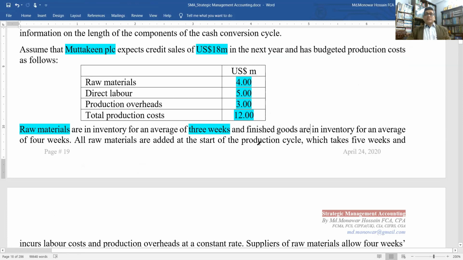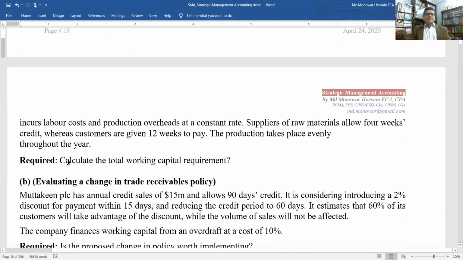Finished goods are held as inventory for an average of 4 weeks. It's also part of working capital. All raw materials are added at the start of the production cycle, which takes 5 weeks, so work in progress is 5 weeks, with labor cost and production overhead incurred at a constant rate. Suppliers of raw materials allow 4 weeks, that means the company pays the creditors after 4 weeks.